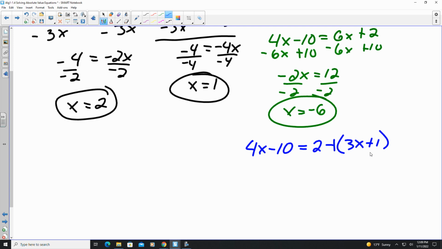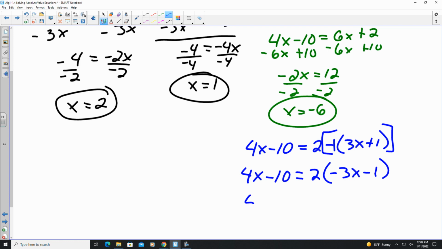And now I am going to distribute this negative 1 over here. So now this is 4x minus 10 is equal to 2 times negative 3x minus 1. Now I can distribute the 2, so now this is going to be 4x minus 10 is equal to negative 6x minus 2.